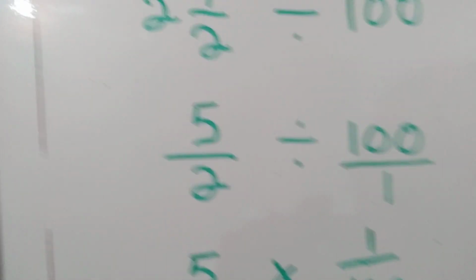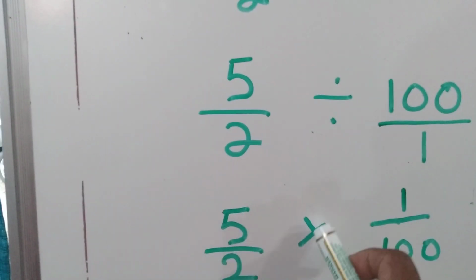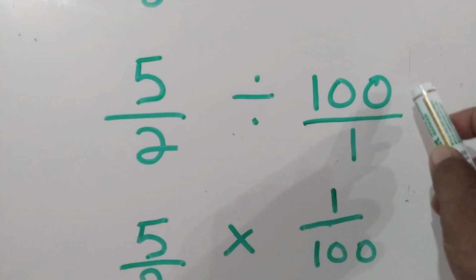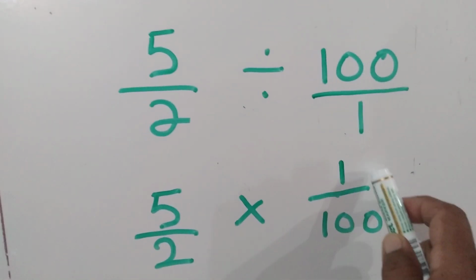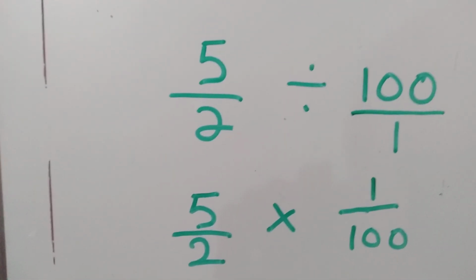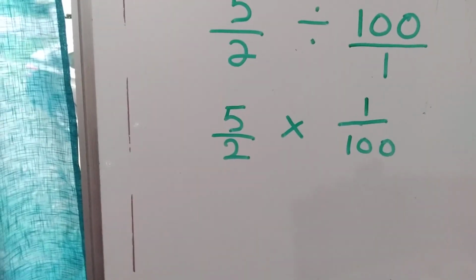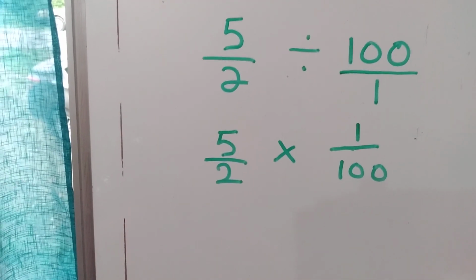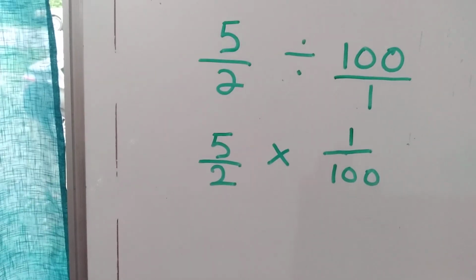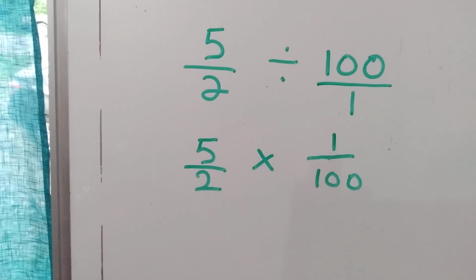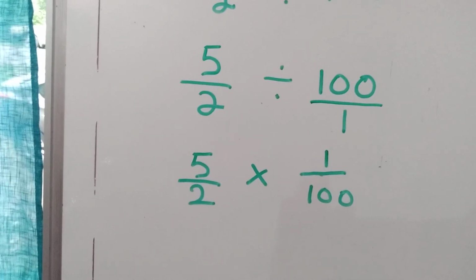Good. So since we change this from division to multiplication, we change this from 100 over 1 to 1 over 100. Those are rules which we must follow in mathematics. Follow those rules and everything will be cool. You don't follow the rule, you end up like a fool. Good? Our little rhyming skills they follow today. Good. I want you to follow very closely.